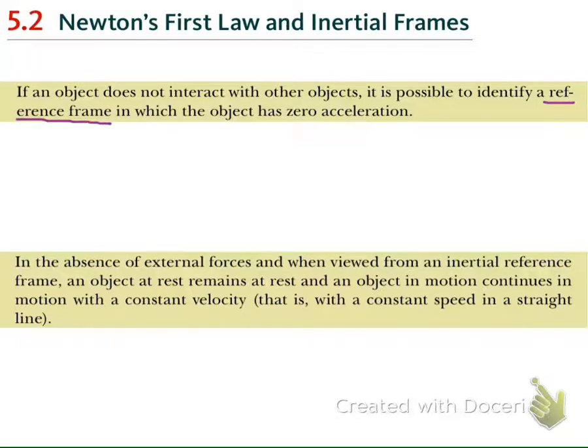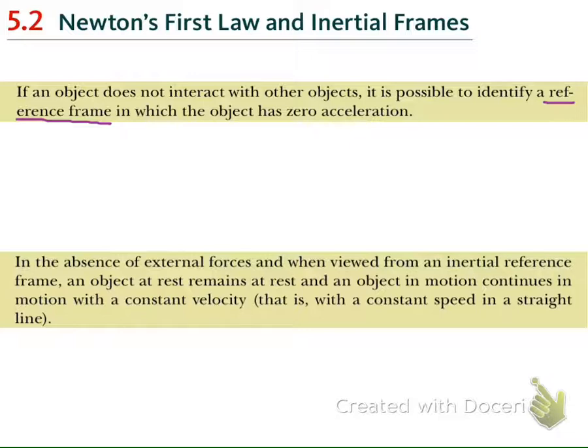As we discussed before, if we want to describe the motion of an object, we need to define the reference frame. The problem is that each observer can define their own reference frame. So which one is the most appropriate?